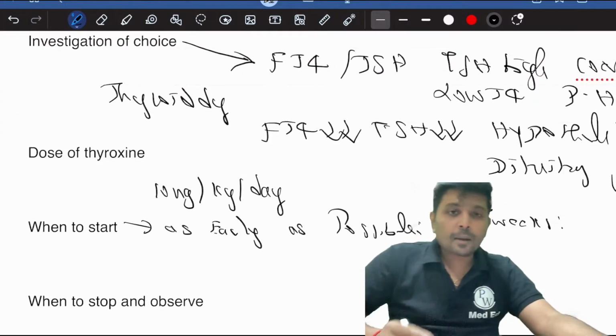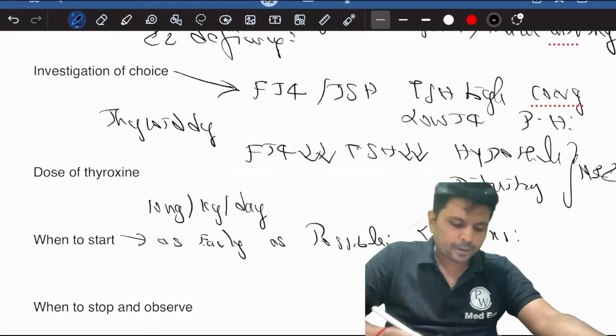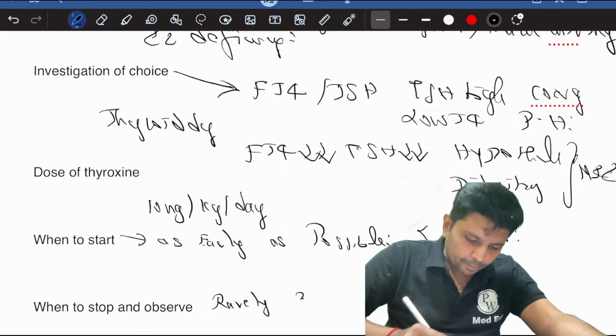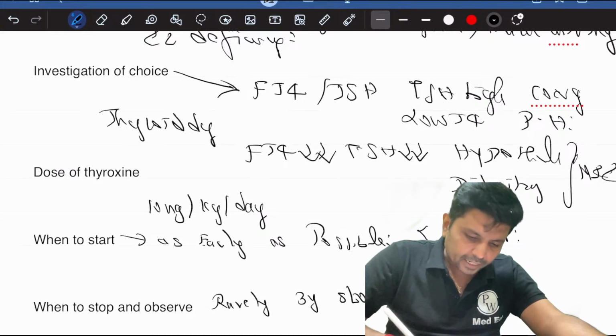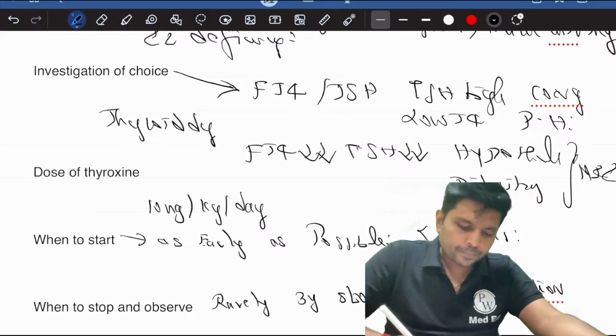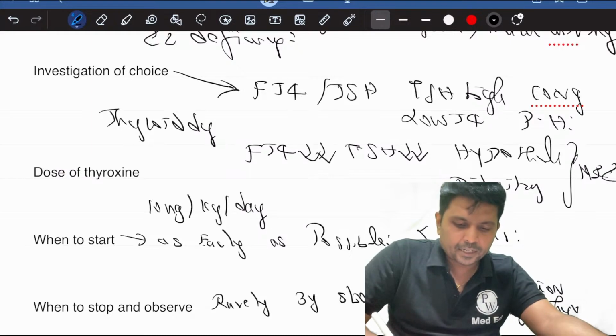Sometimes you can stop and observe. In congenital hypothyroidism, you can stop and observe. Yes, rarely. By about 3 years, stop and wait for TSH elevation. If after stopping, TSH is elevated, then permanently you need to give the child thyroxine tablets.